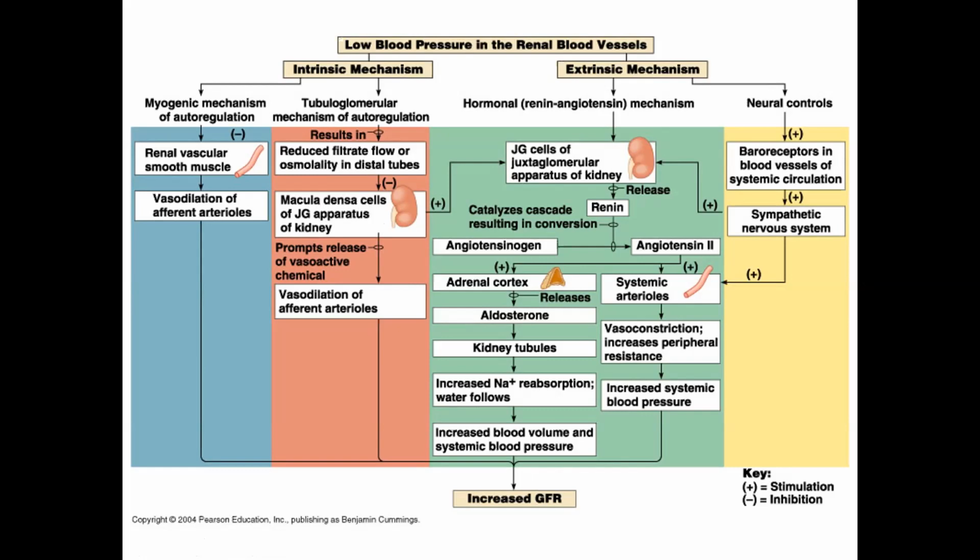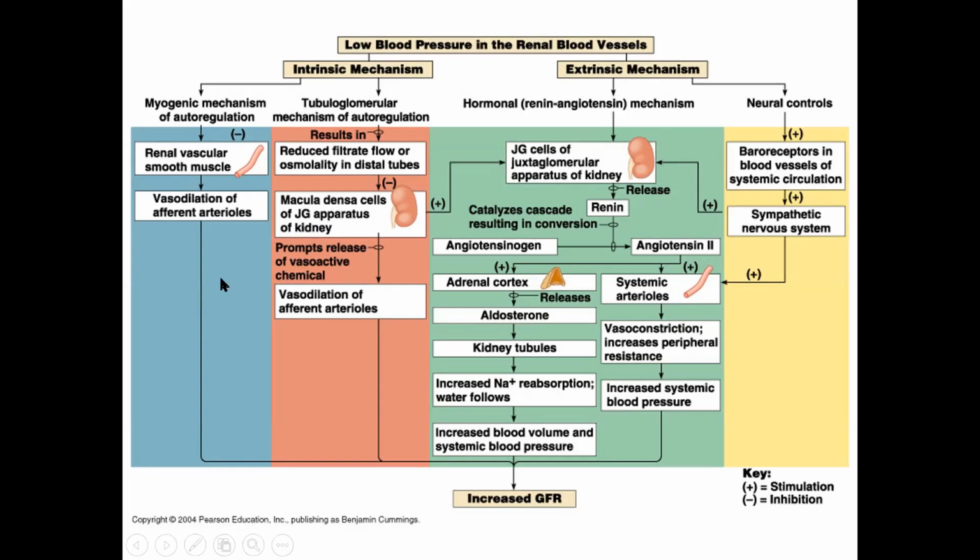Okay, so then if you have a lower flow to the nephrons, then you have less sodium concentration going through the tubular structure.